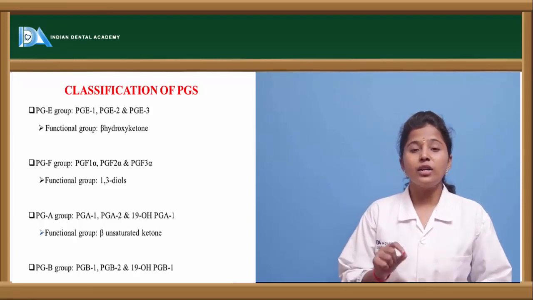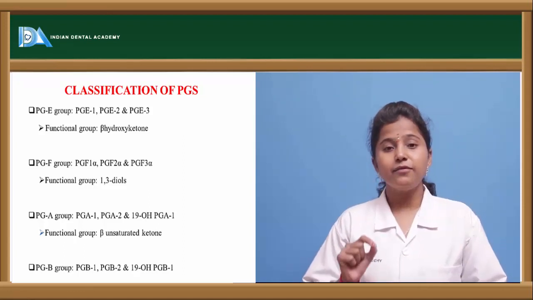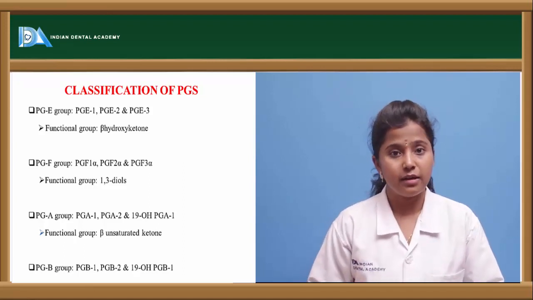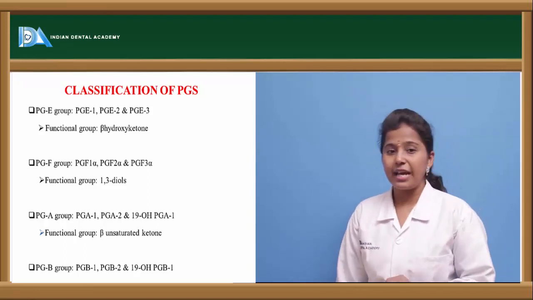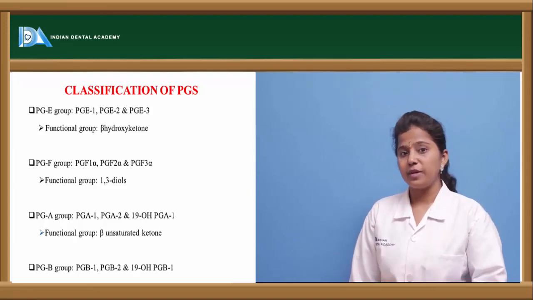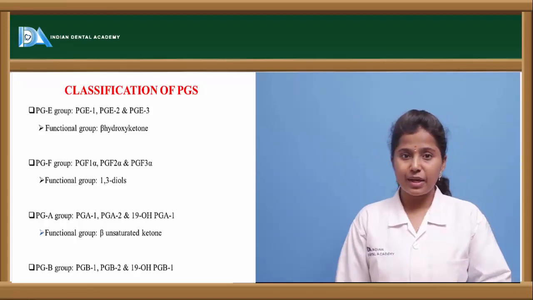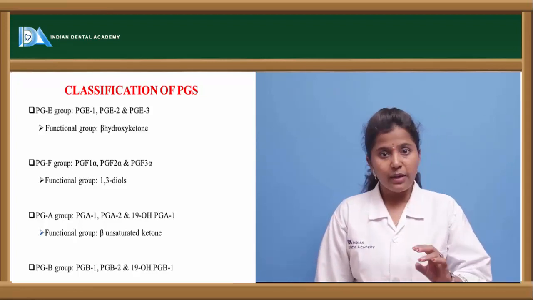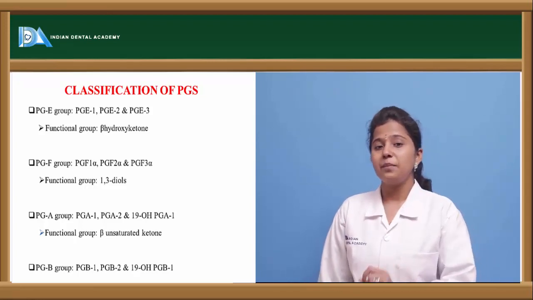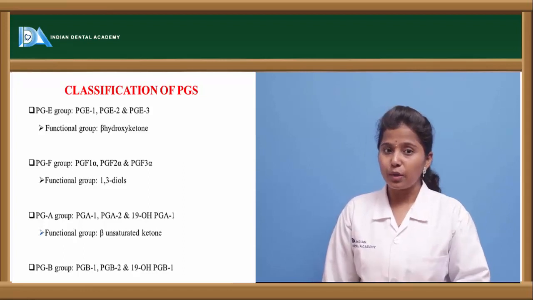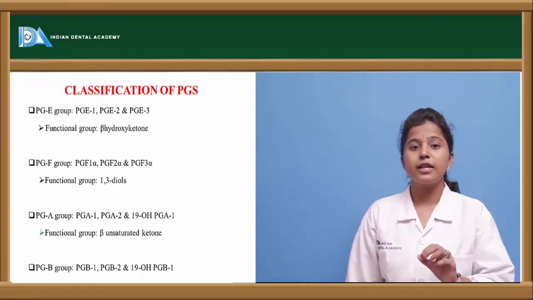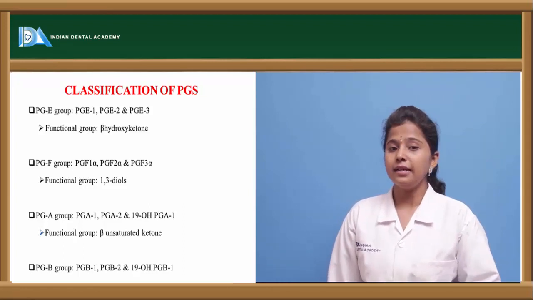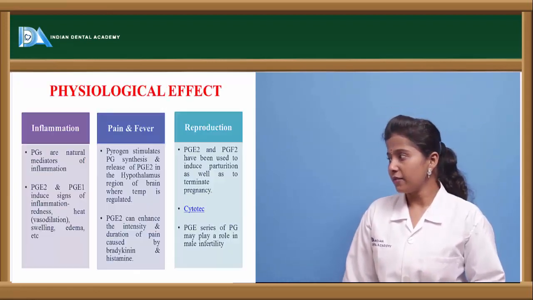That is, on PGA1, if on the C19 carbon atom a hydroxyl group is present, then this 19OH type of PGA1 is formed. The same way, PGB are further classified into PGB1, B2 and 19OH PGB1. That is, on PGB1 prostaglandin, if an OH group is present on this C19 carbon atom, then this type of prostaglandin is formed.